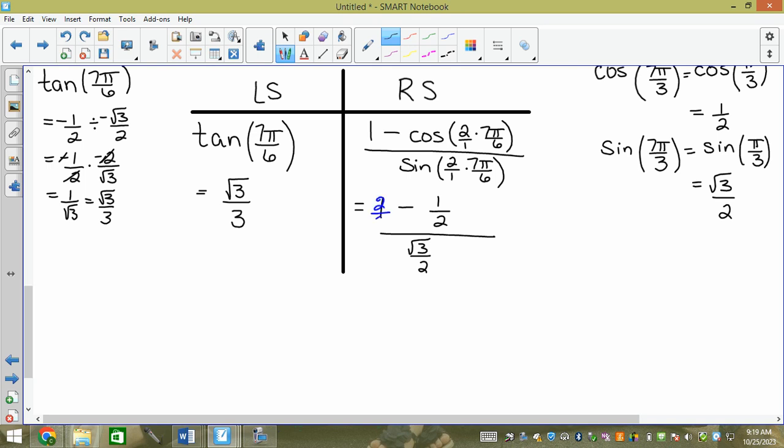So we can change the 1 to 2 over 2. 2 over 2 minus a half. Or you could say 1 minus a half is a half, correct? So we get a half divided by root 3 over 2. Now can I flip them? Yes. I have 2 over root 3, which equals 1 over root 3.